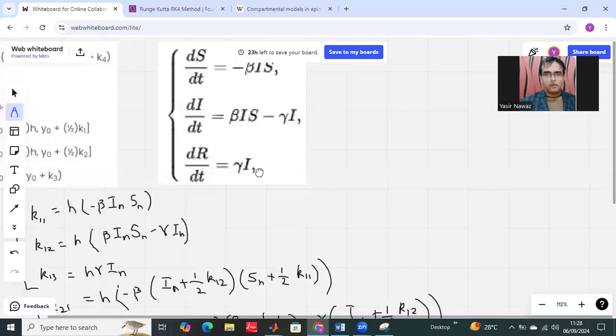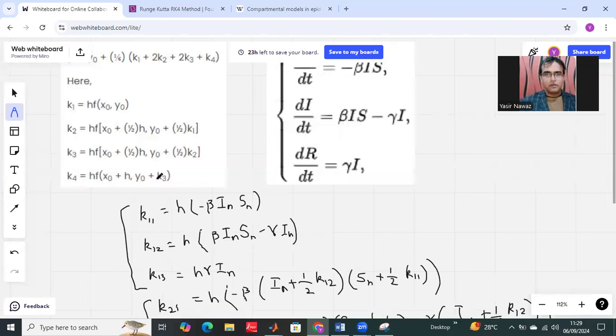Now I write the fourth stage. The fourth stage is without the half, so it's just plus K3.